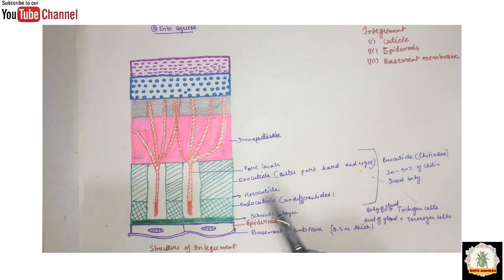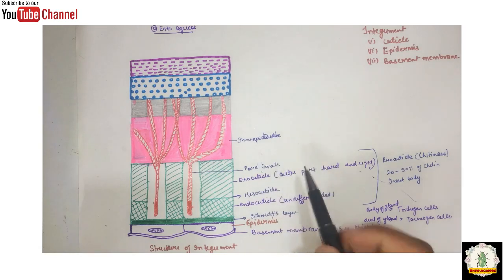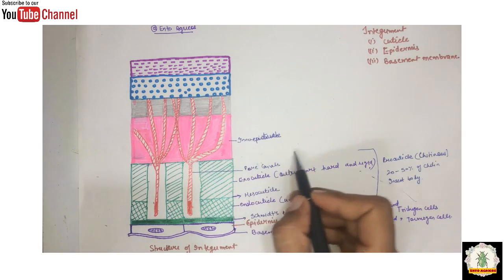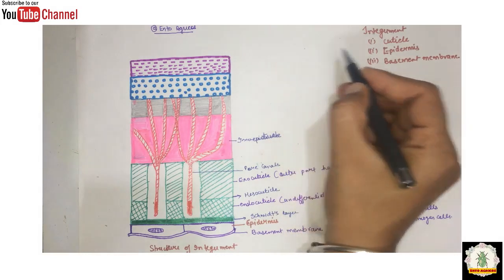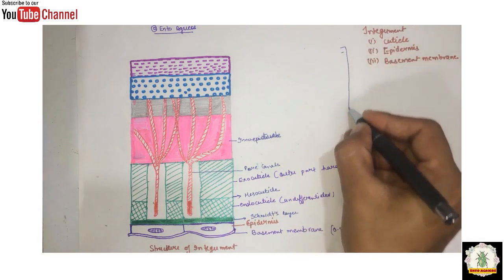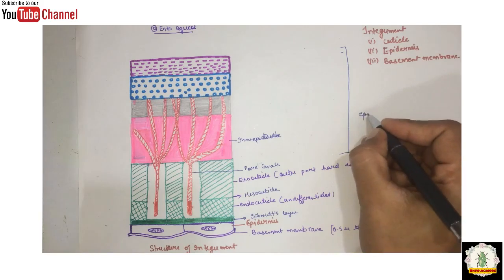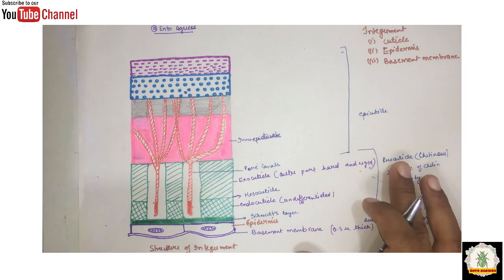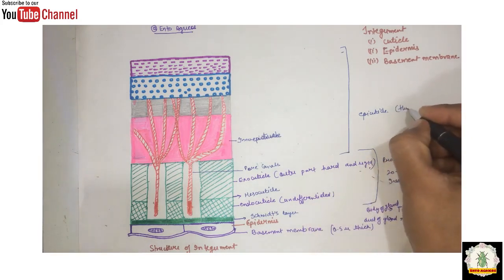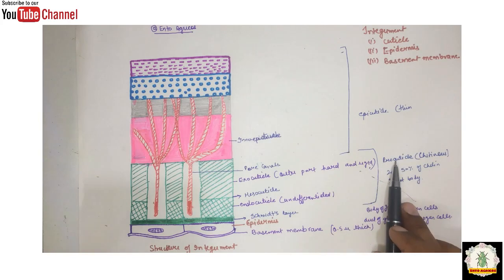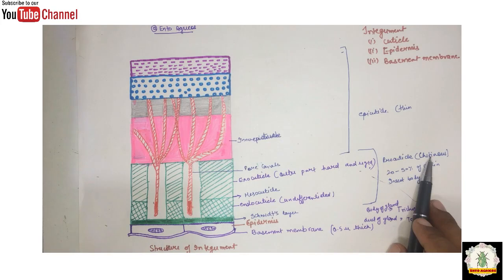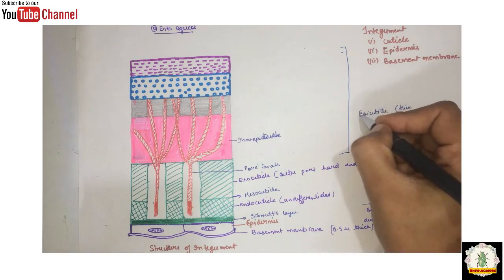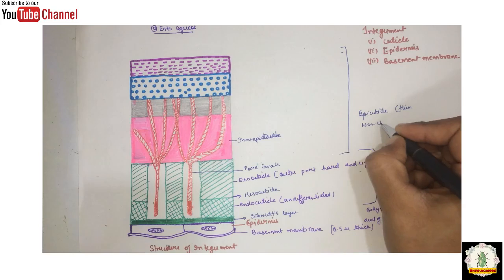Next, above this exocuticle, the remaining part forms the epicuticle. And this epicuticle is thin. As I have already told you, the procuticle is chitinous, whereas this epicuticle is non-chitinous.